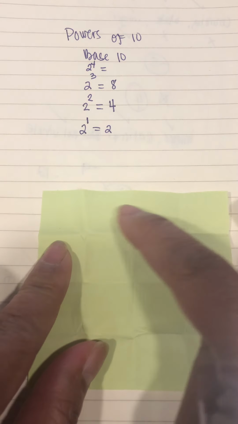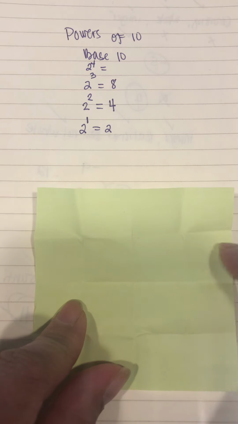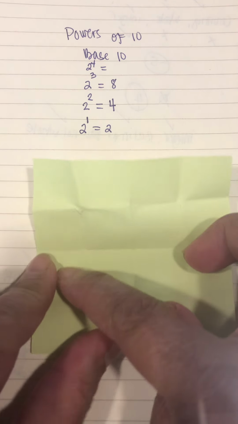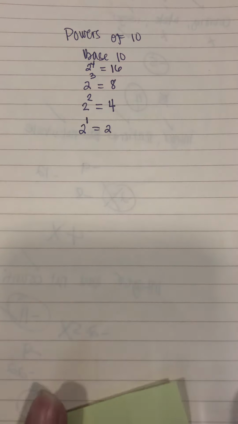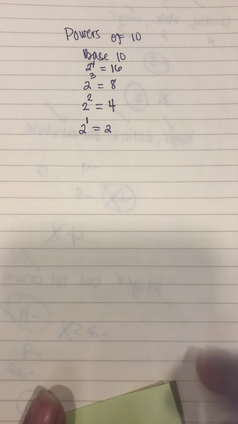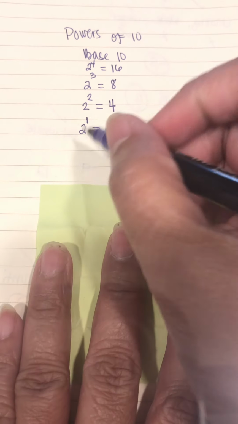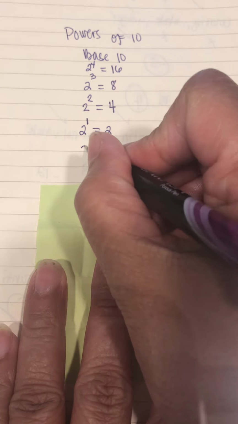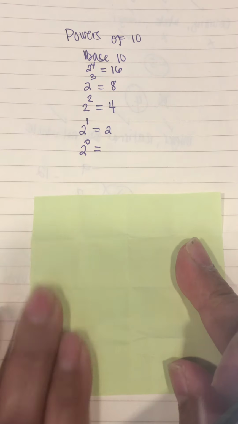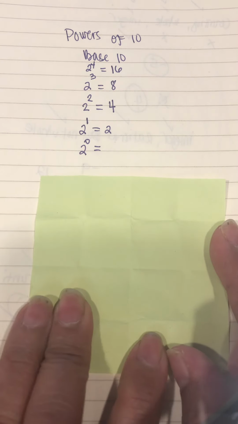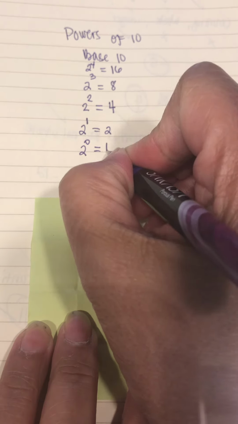So now we have 1, 2, 3, 4, 5, 6, 7, 8, 9, 10, 11, 12, 13, 14, 15, 16. So you end up with 16, okay? So now what happens if I am not going to do a fold? So I have this 1. I'm not doing any fold, so my answer is just 1 big section.